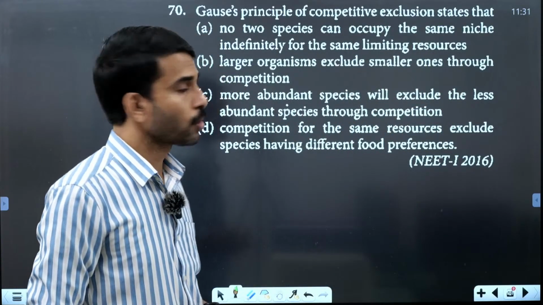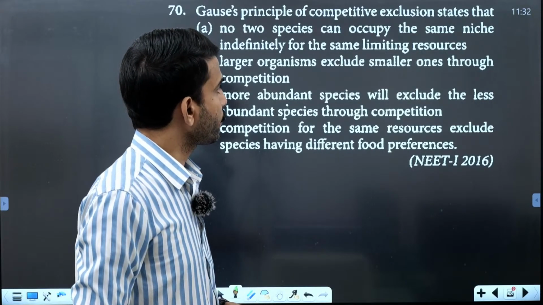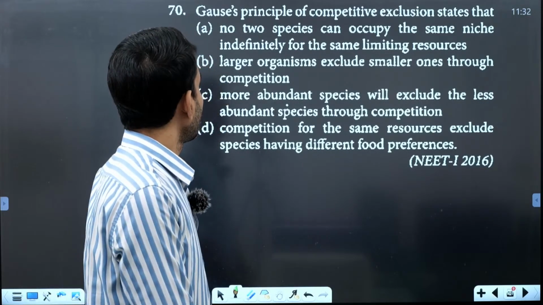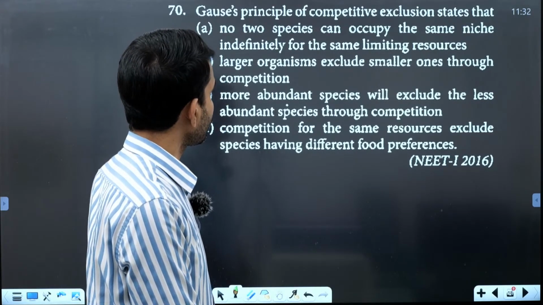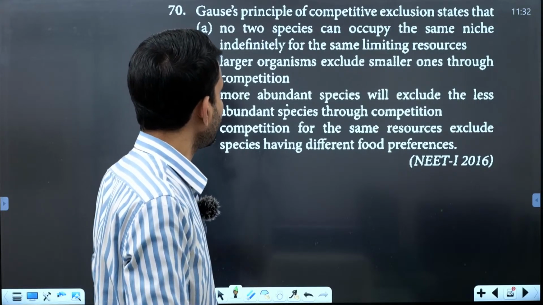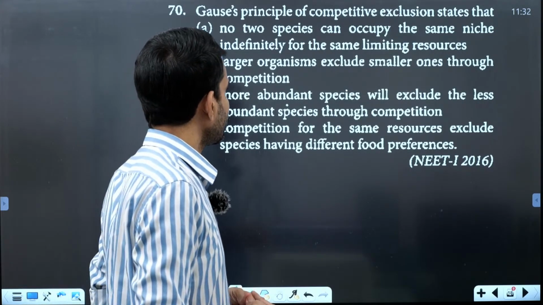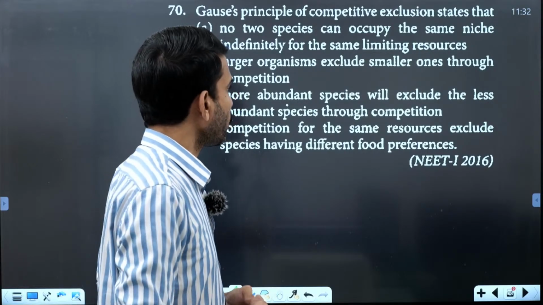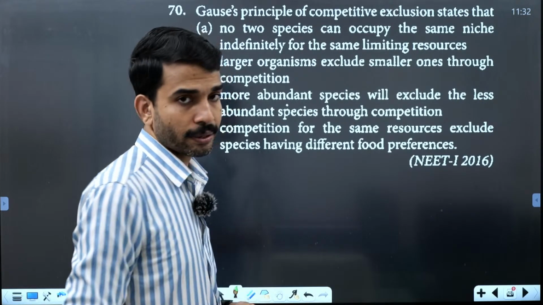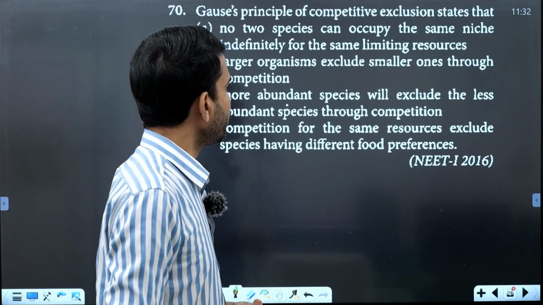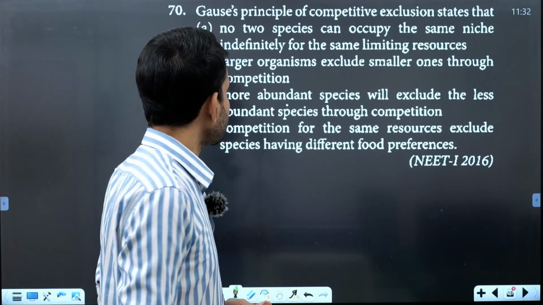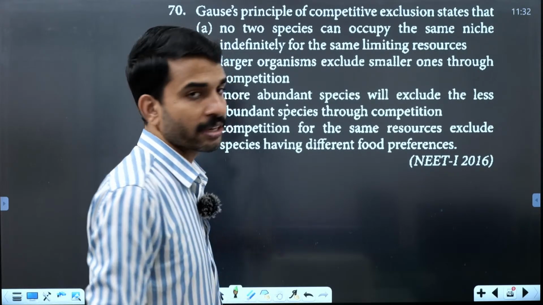Next one. Gause's principle of competitive exclusion states that: one, no two species can occupy the same niche indefinitely for the same limiting resources. Two, larger organisms exclude smaller ones through competition. C, more abundant species will exclude the less abundant species through competition.